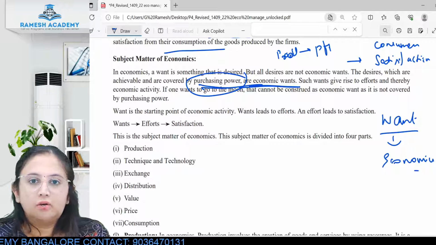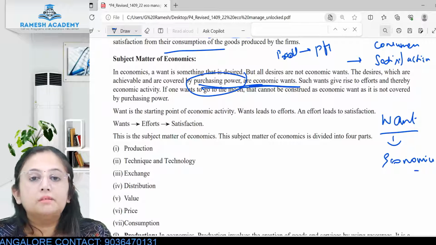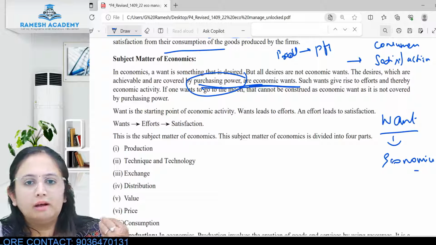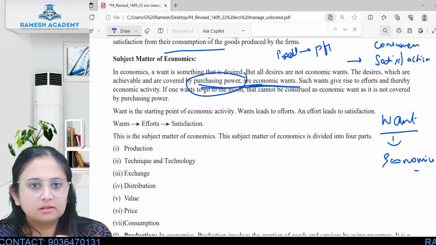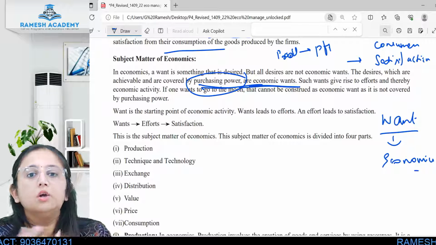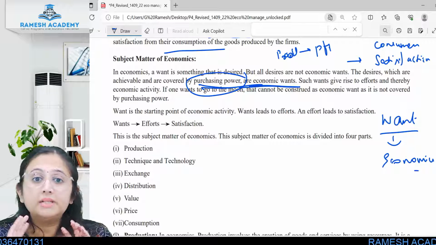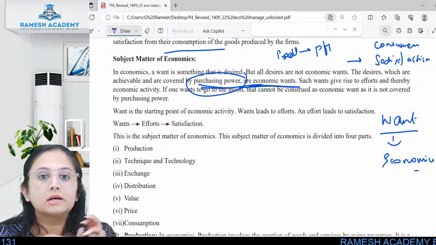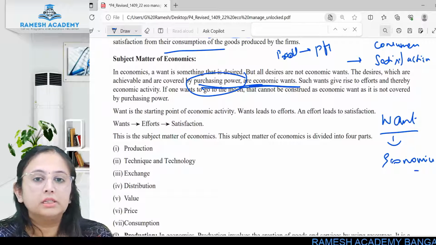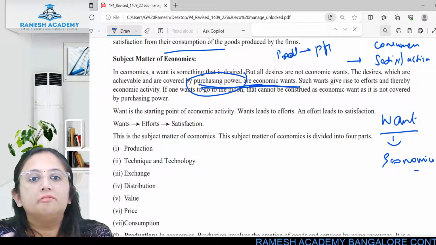So that is a want. In economics, everybody will have hundreds and thousands of desires. I will have thousands of desires, you will have thousands of desires, but economics will not recognize all those desires as wants. Why? Because in economics, want means something which you can achieve.